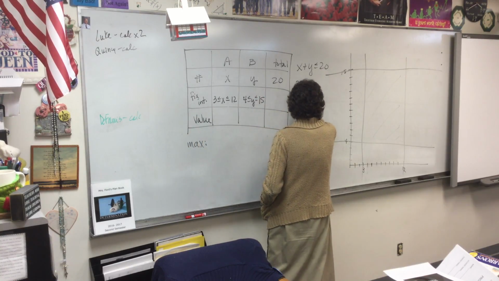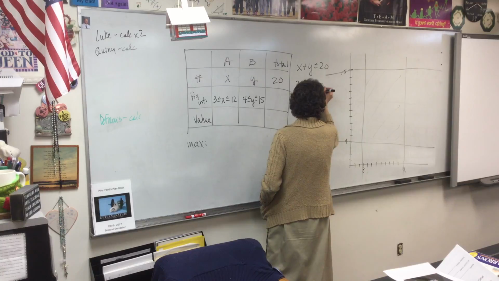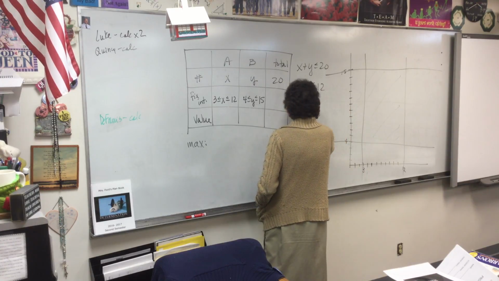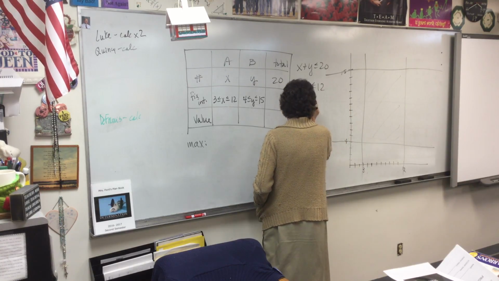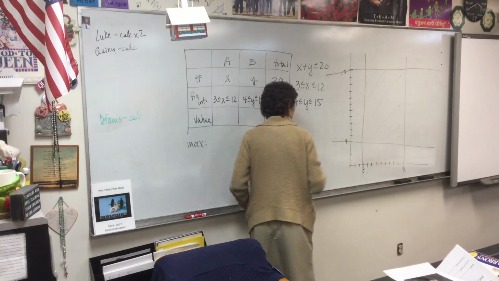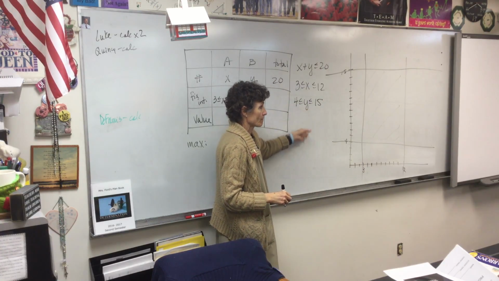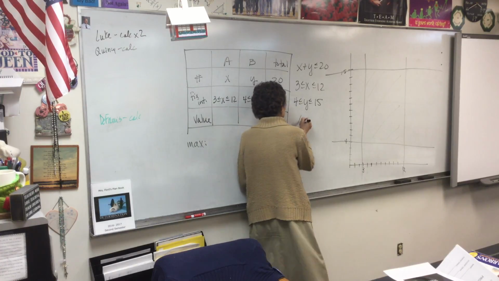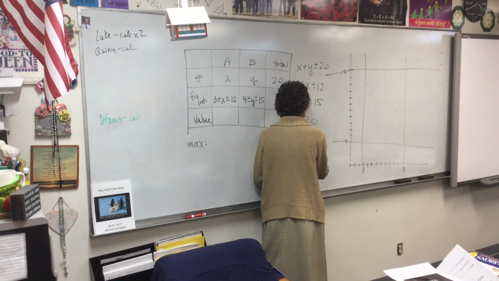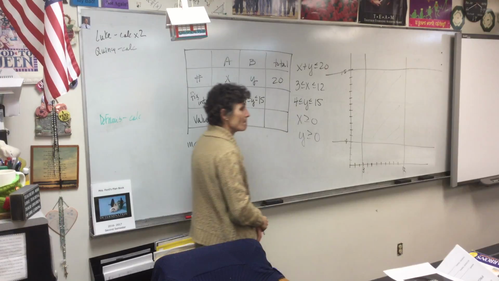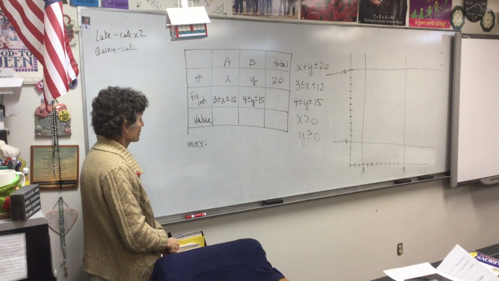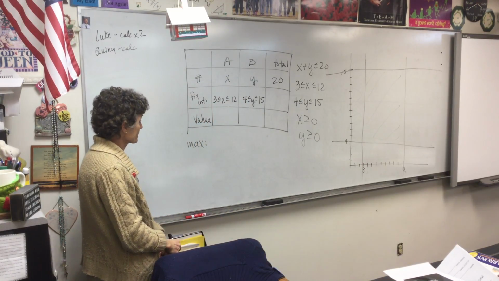I know x is between 3 and 12. I've already graphed that. I know y is between 4 and 15. I've already graphed that. What else goes here? X is greater than or equal to 0. Y is greater than or equal to 0. Those are automatics. Easy points.